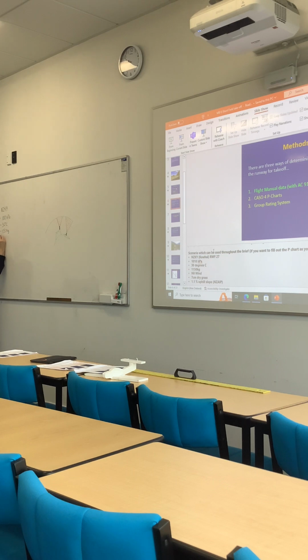No wind. 7 centimeter dry grass. And 1.1% uphill slope. And bracket NZAIP. And the elevation, I think, was 810 feet. So we're going to use this data for examples as we go through.